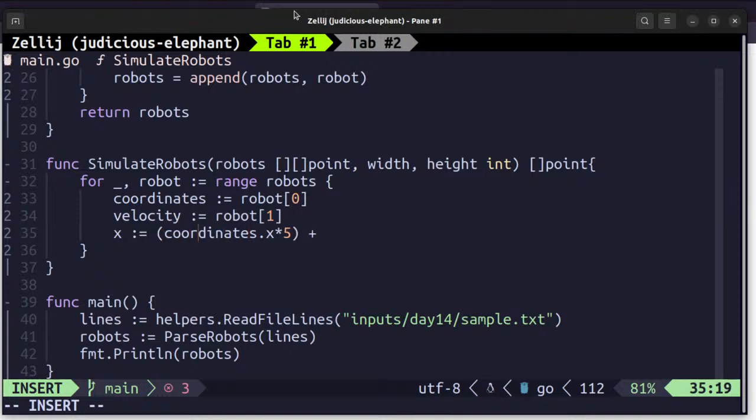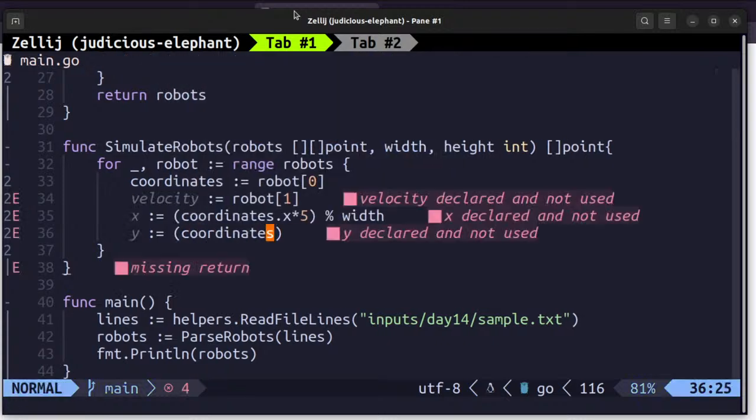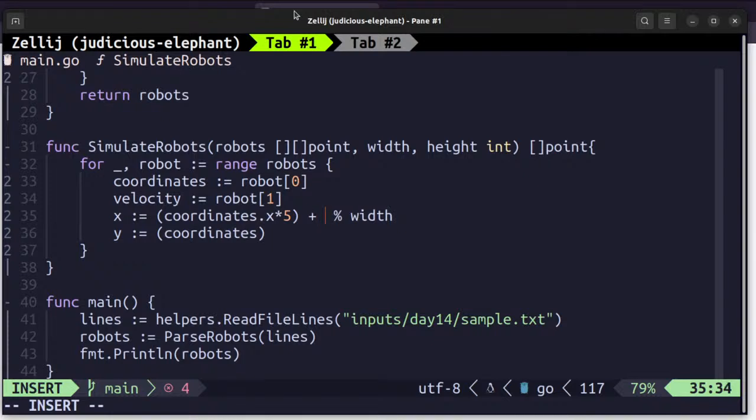So this will compute that, and we need to mod it with width. Similarly y will be, oh wait, I forgot to add velocity dot x.